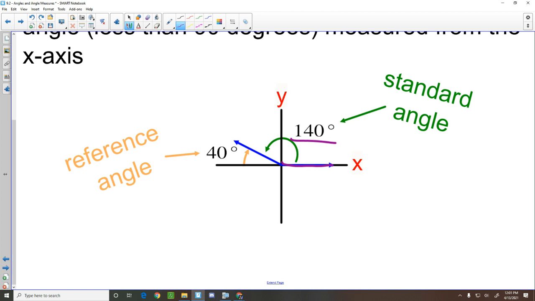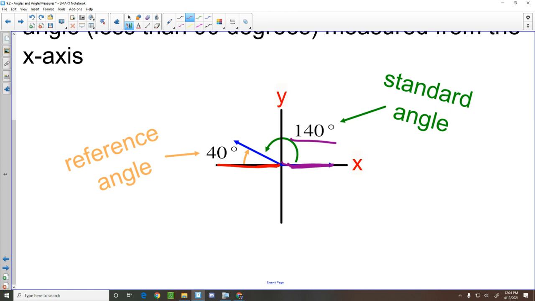I need the angle that's less than 90 degrees. And so instead of comparing this, seeing how far away it is from the positive x-axis, I'm going to take a look and see, hey, how far away is that same angle from the negative x-axis? I'm just looking for the closest distance that that terminal side is from the x-axis.